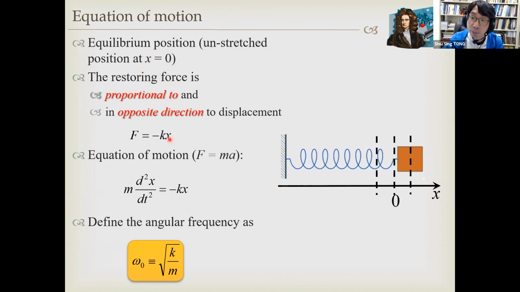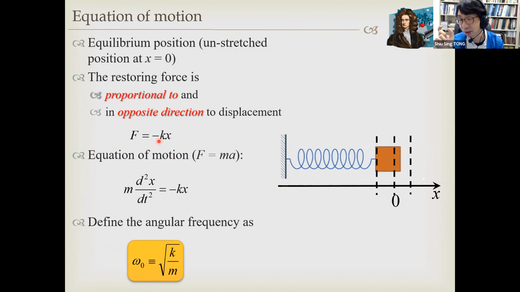The more the spring extends, the larger the force. So F is proportional to x, and the proportionality constant is called k. k is called the spring constant. It is a constant that characterizes the spring. For a specific spring, k is a constant.